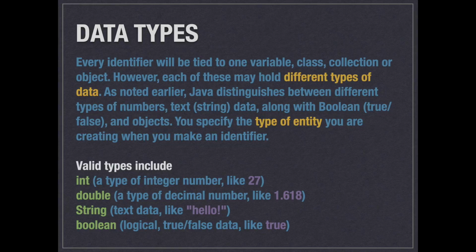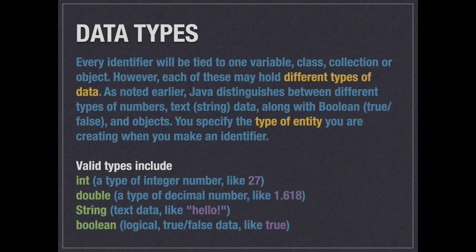Java's not flexible like Lua. Java will require that you not only specify a data type, but that every time you use that variable, you use it consistently with that data type. If you try to do something that doesn't work for a particular data type, like maybe putting a string into an integer variable, that's not going to fly.